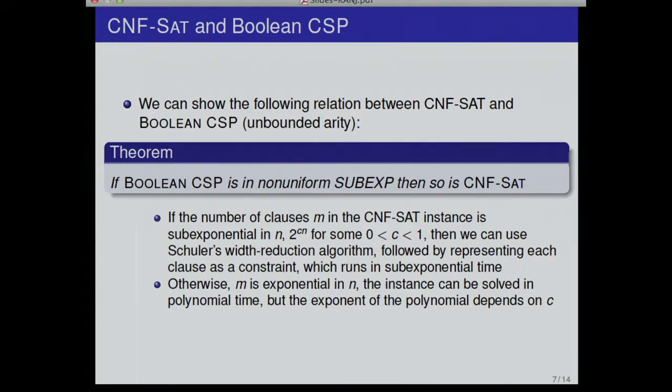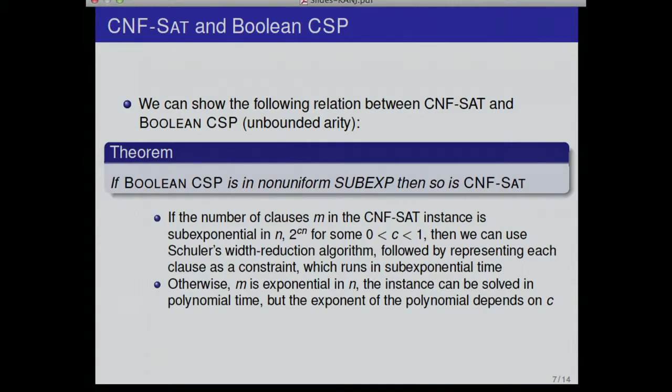Well, we said that CSP seemed to be more general than CNF-SAT, but the problem really is in the representation of CSP, because if you take a clause in CNF-SAT and you want to encode it as a constraint, then you need to enumerate all tuples that satisfy this clause. If the width of this clause is linear in n, then to enumerate all tuples you need exponential time. So if you're trying to achieve a subexponential reduction from CNF-SAT to Boolean CSP, you cannot afford to enumerate all tuples.